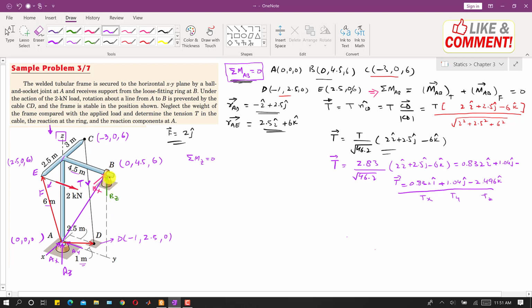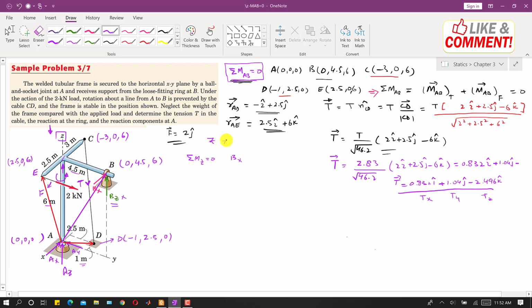BZ is parallel to the Z axis as well, so it is not producing any moment. Only this BX is producing the moment about the Z axis, and the direction of the moment produced by this BX will be like this. If we curl our right hand fingers in this direction, the thumb will point in the positive Z direction, right? So if I write this equation, this will be BX, and the perpendicular distance of this BX, again we are observing the forces from the Z direction.